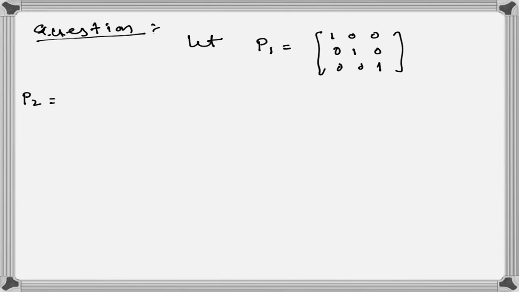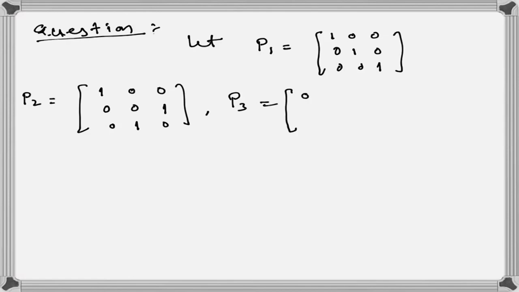P2 is another 3 cross 3 matrix given by 1 0 0, 0 0 1, 0 1 0. P3 is 0 1 0, 1 0 0, 0 0 1.